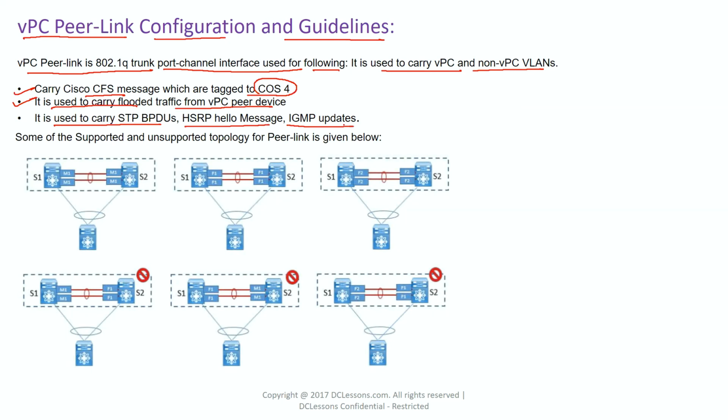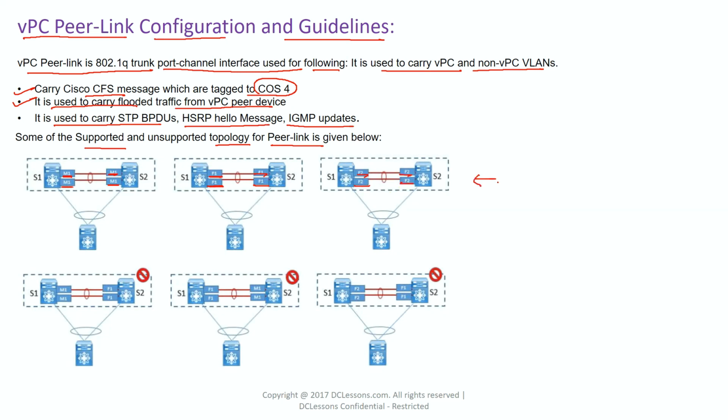Now there are some supported and unsupported topologies for peer link. So make sure that the ports you are using to connect the peer link on both switches, the module model will be the same. So if you are using M1 here, use M1 here. If you are using F1 here, use F1, F1, F2, F2, F2, F2, right?